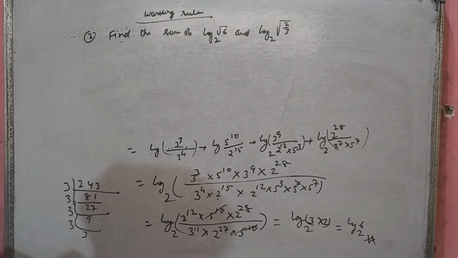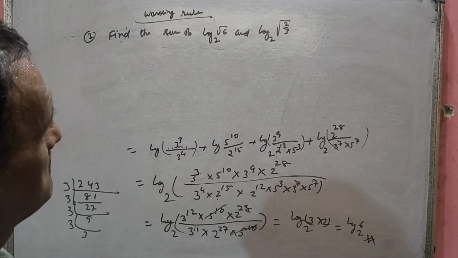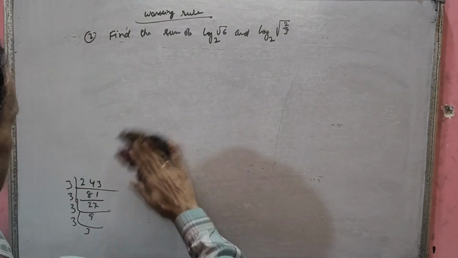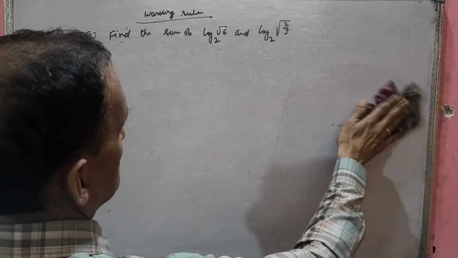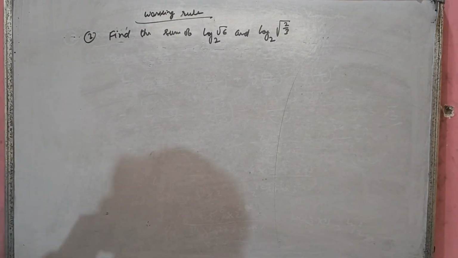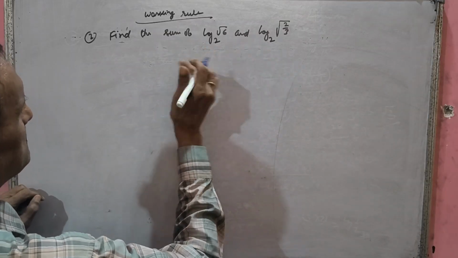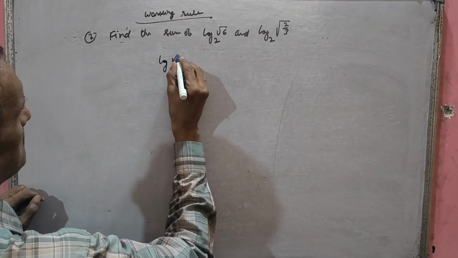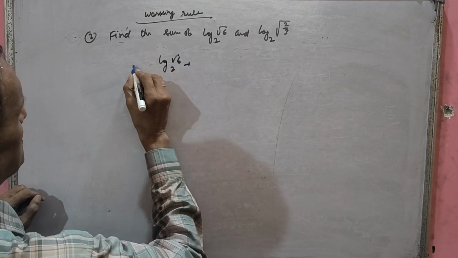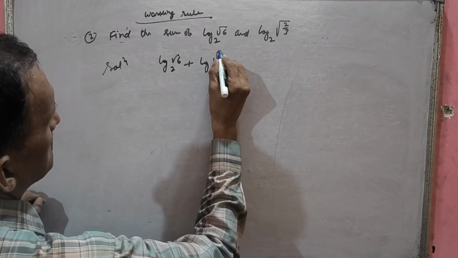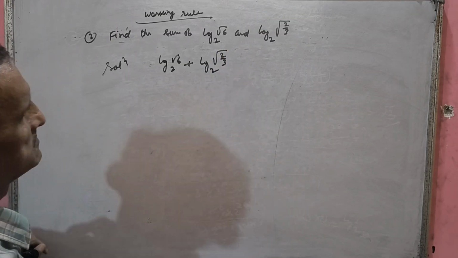This is not a very lengthy question, and try to make the concept clear, then we will enjoy it. It's not difficult. It looks difficult for the beginners. Sum means plus. We need to find the sum of this and this, so this plus this: log root 6 to the base 2 plus log under root 2 by 3 to the base 2.